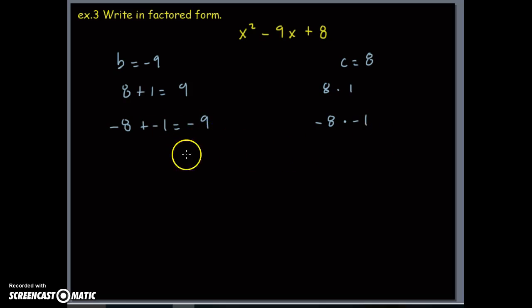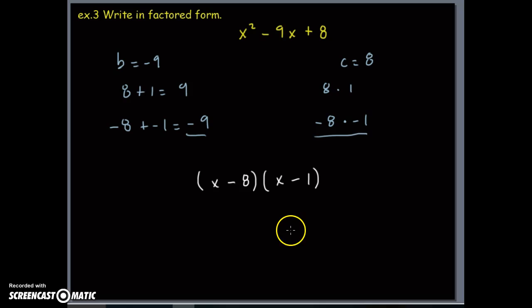So this is the combination here that is our answer. So our factors here are x minus 8, x minus 1.